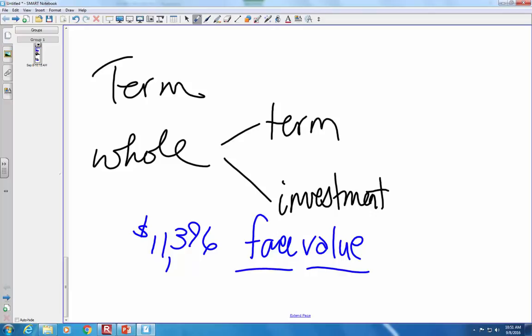When I terminate my term policy, I get nothing. I've just bought myself peace of mind for 25 years. When I terminate my whole policy, the piece of the payment I pay every year that goes into the investment, I get the cash. Or it's a way to give something to your family after, as a beneficiary.